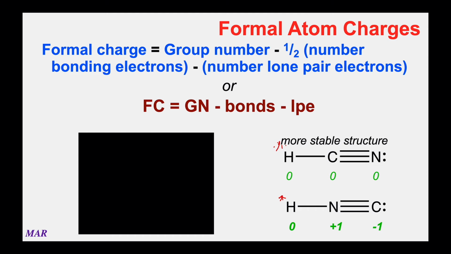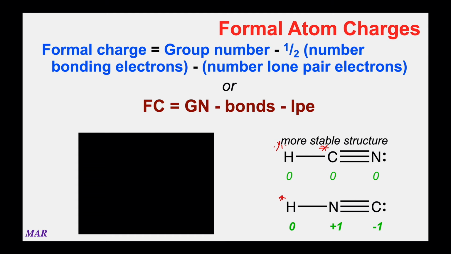Now, the carbon in hydrogen cyanide, this carbon right here, group number 4 minus number of bonds, and there's a single and a triple, so that's 4 lines, 4 bonds total, so 4 minus 4. Carbon has no lone pairs, so the formal charge of that carbon is also 0.